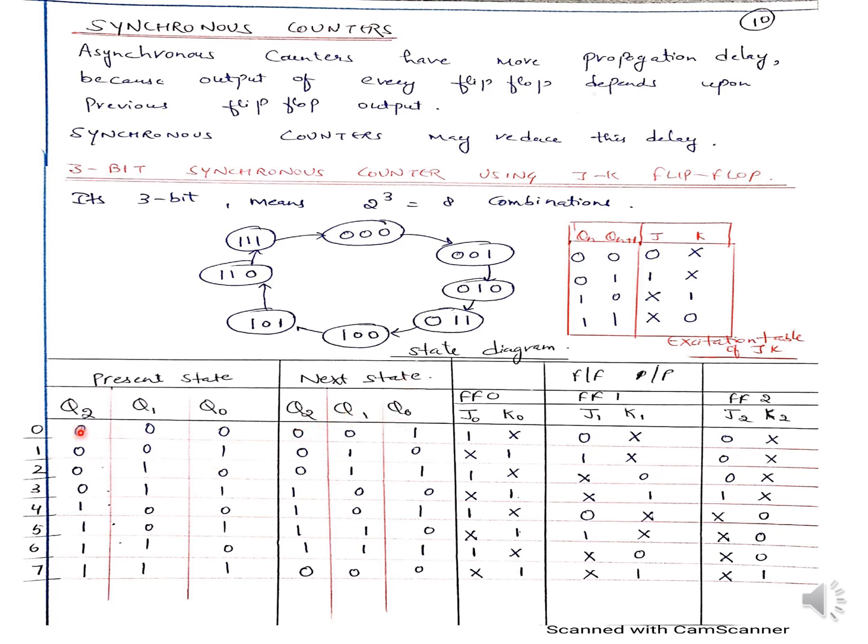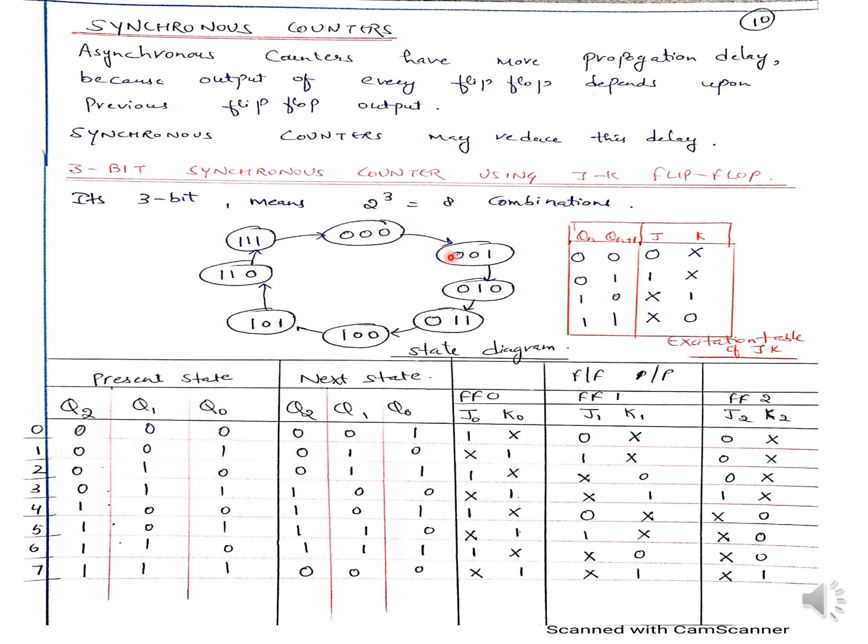And this is the next state Q2, Q1, Q0. You can denote it with anything you want, like QC, QB, QA, or QC plus 1, QB plus 1, QA plus 1. For easy notation, I have written Q2, Q1 and Q0. So we will write here 8 states, 0 to 7.